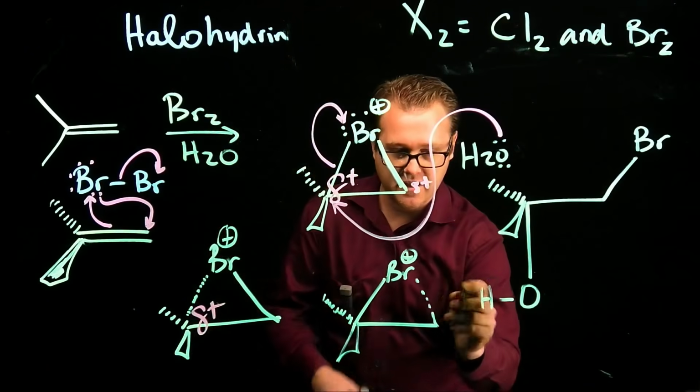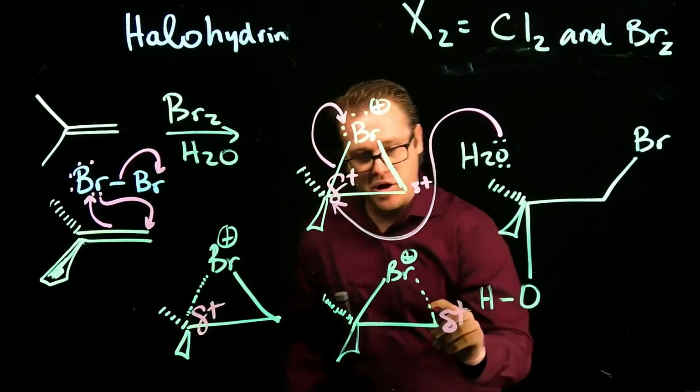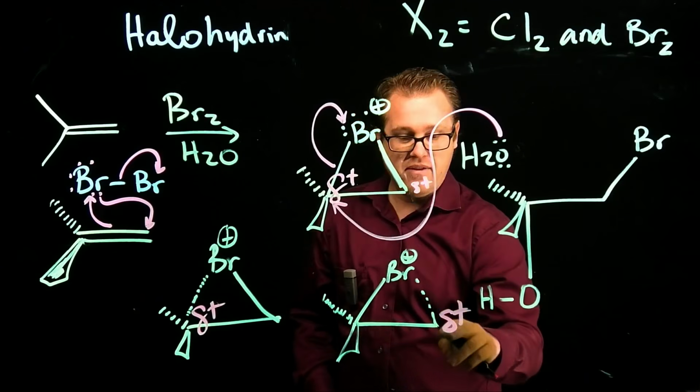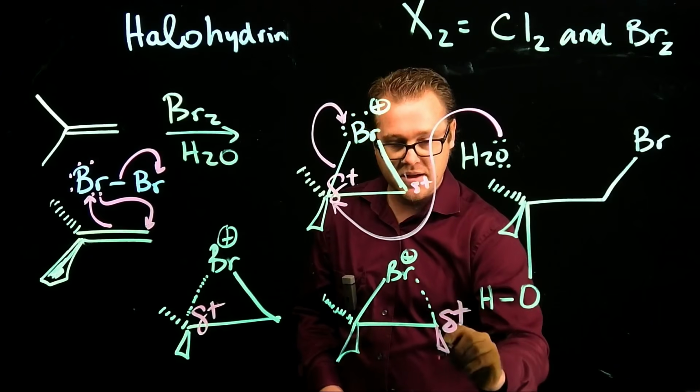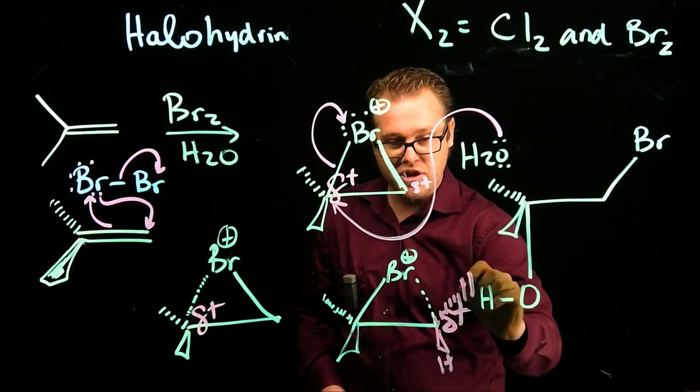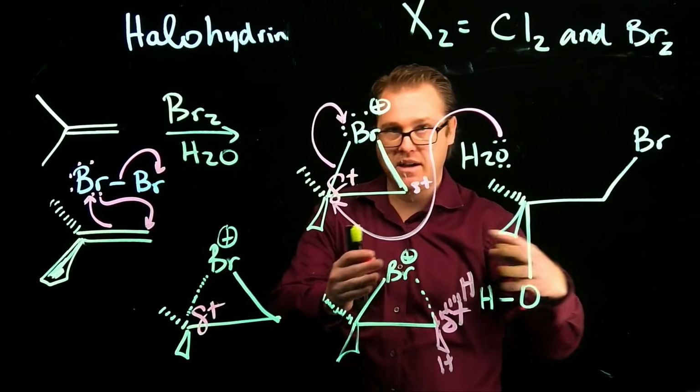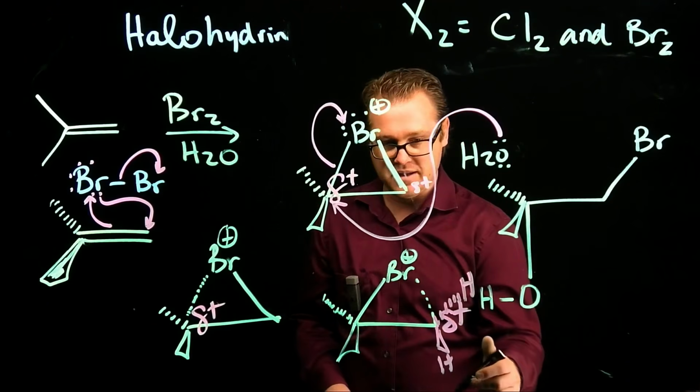In comparison, the partial positive over here doesn't have alkyl groups to help stabilize it. All it has is hydrogen atoms, and hydrogen atoms aren't electron donating to help stabilize it.